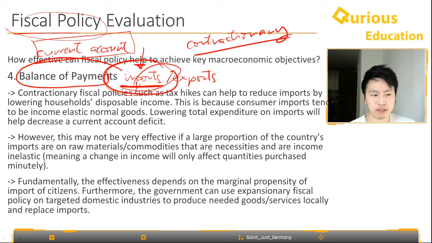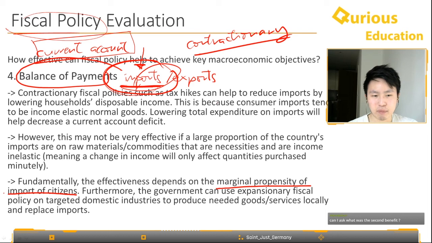And so if we go back to fiscal policy, the effectiveness of fiscal policy also depends on the marginal propensity to import of citizens. So like in Germany, perhaps, I'm not sure about this, but you can tell me, I'm not sure how much people import in Germany. Maybe they don't like foreign goods and they believe in German products. Then this means people would actually import less, even if there's a rise in income.